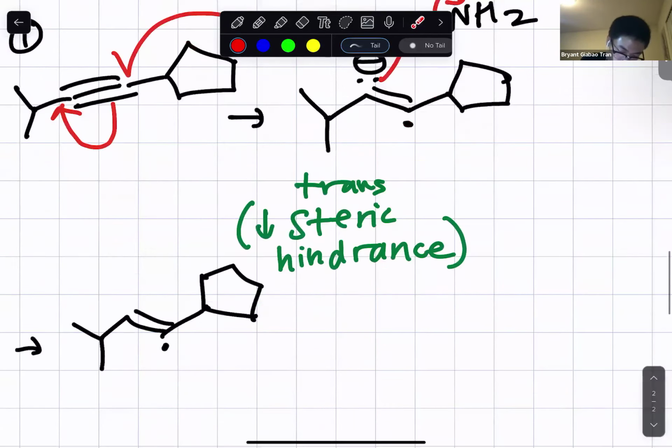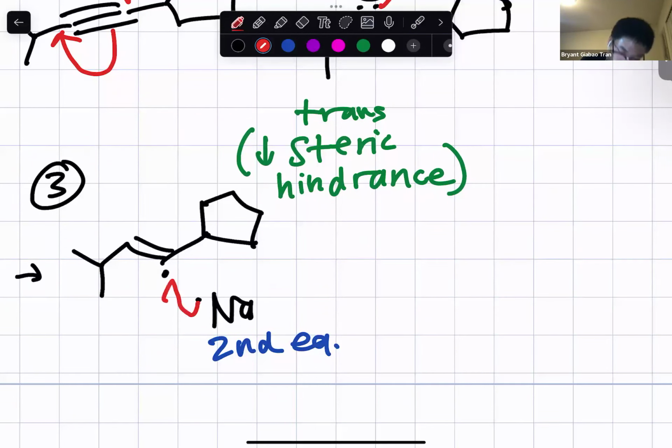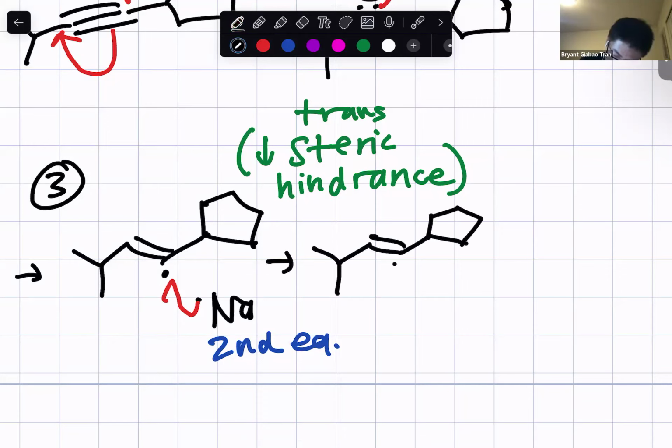So that's why we need at least two equivalents of the sodium metal, right? The first equivalent was used here. We bring in the second equivalent of the sodium metal in the third step, where this sodium metal will give that carbon another electron, making that carbon a negative charge, like that.